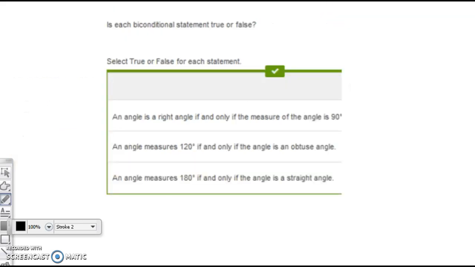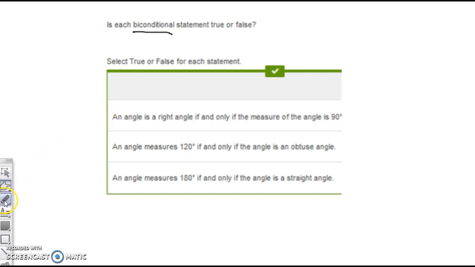All right, is each biconditional statement true or false? So again, for a biconditional statement, we have to check the original statement and its converse. So let's do that. For the first one, it says an angle is a right angle if and only if the measure of the angle is 90 degrees.